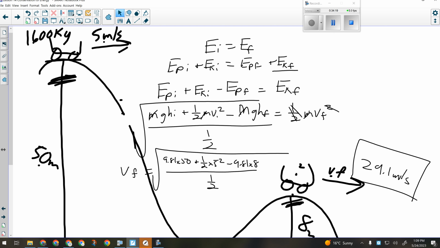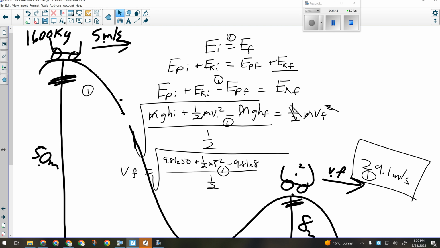If I'm looking at this, I would give you 1 mark for your givens. I would give you 1 mark for recognizing it's a conservation of energy question. I'd probably give you 1 mark for identifying if any of these were 0 or not. I'd give you another mark for manipulating, and another mark for plugging in your numbers correctly. What are we up to there? 5, and 6 for your answer.